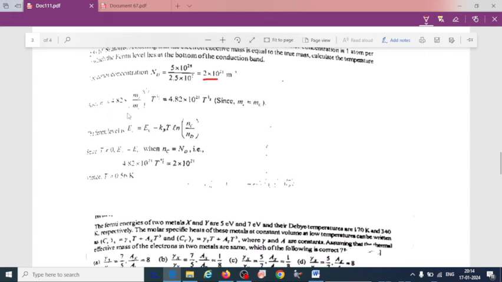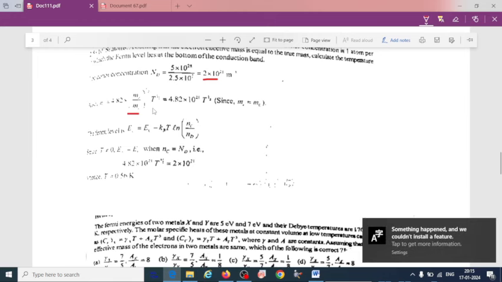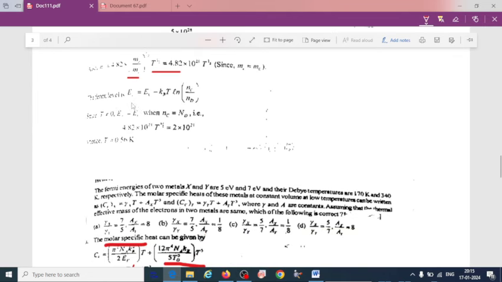Then again we have to take the ratio of the masses, and here we need to calculate temperature. So here is the equation for that, the energy in terms of kB and T. For the Fermi level, EF is equal to EI minus kBT ln of the concentration divided by the donor concentration.